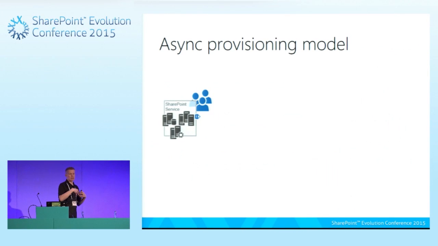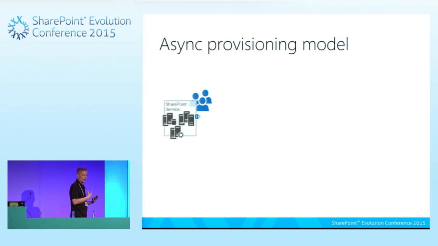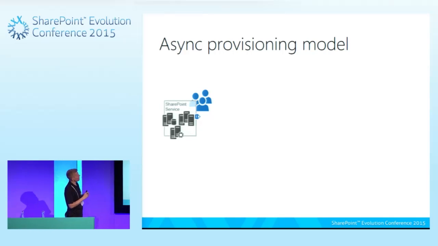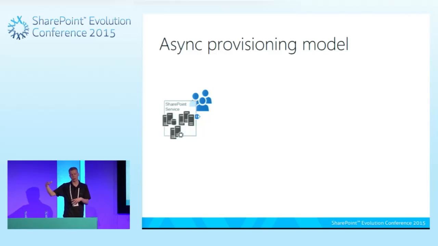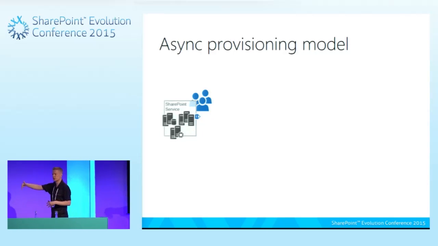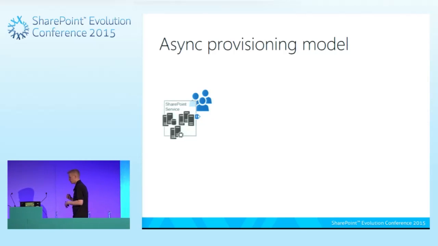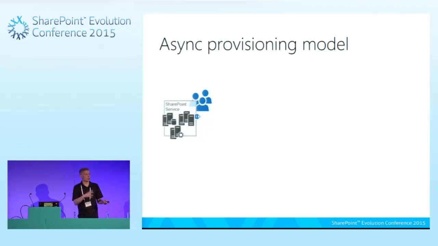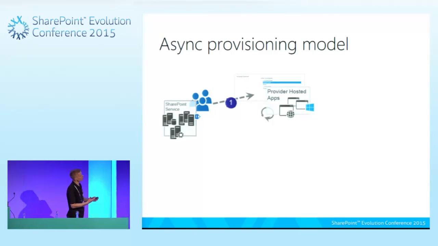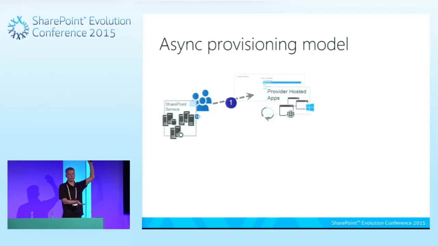And one additional step is that we really want to evolve the site provisioning. This is the de facto model that we recommend for Office 365. I'm going to also show a demo which shows why we want to do asynchronous site provisioning within the cloud. The end user goes to a UI where we're exposing individual templates.